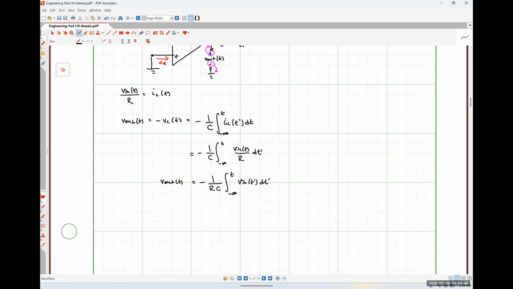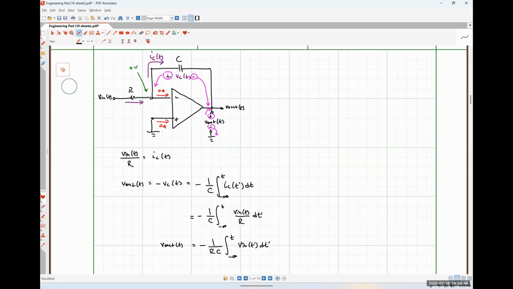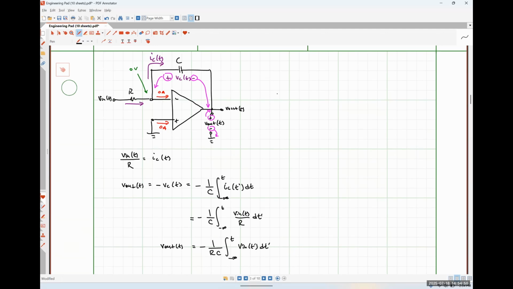Okay. So this is an example of an integrating amplifier. And as I mentioned earlier, it's used in control systems and communication systems very regularly.